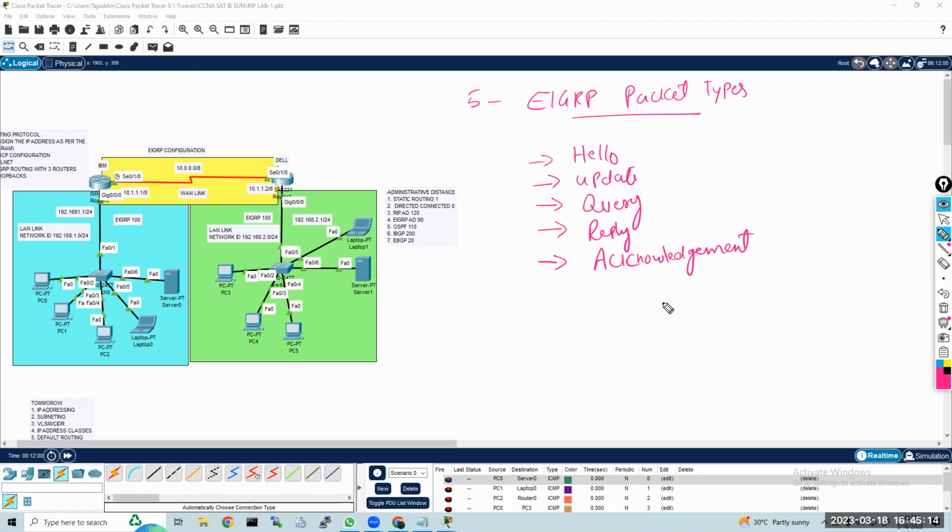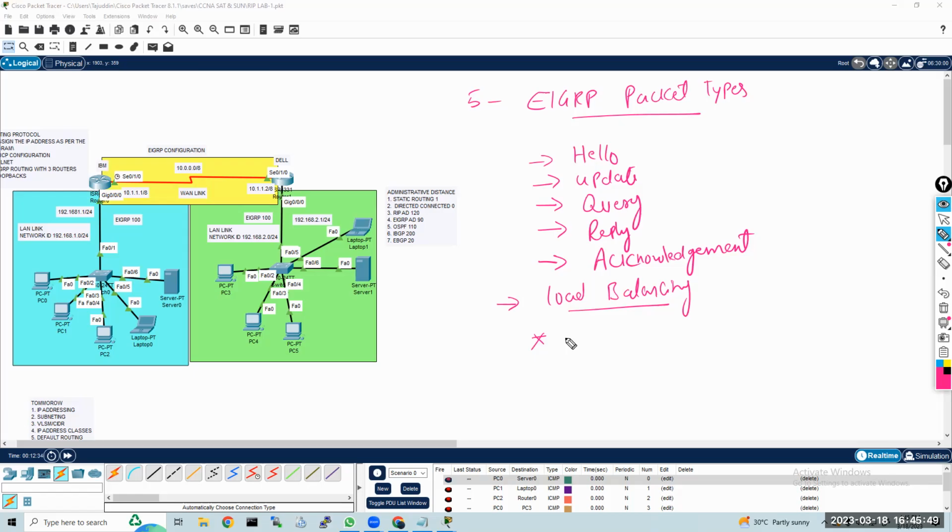Another very good feature of EIGRP is load balancing, load balancing on the traffic. EIGRP is nothing but a traffic police. In your country, is there traffic police? Yes, we have them everywhere.